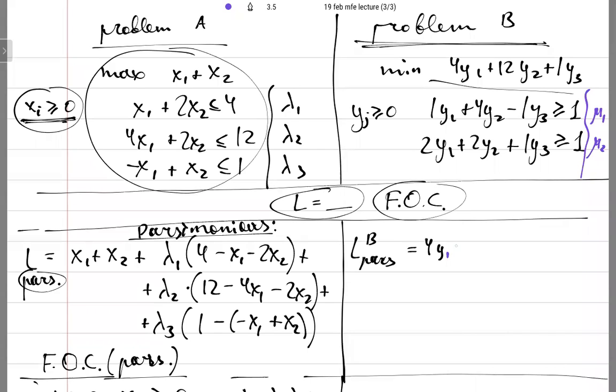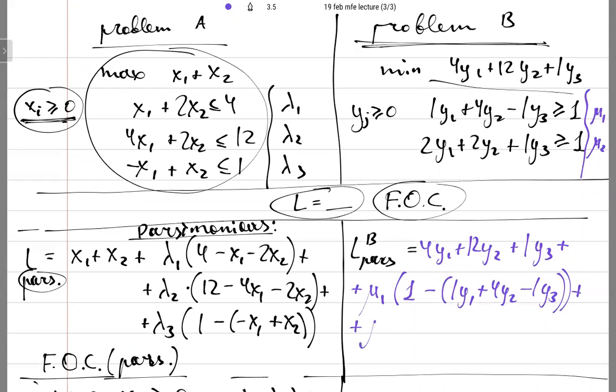So it will be 4y1 plus 4y2 plus 12y2 plus 1y3 plus mu1 times (1 minus 1y1 plus 4y2 minus 1y3) plus mu2 times (1 minus 2y1 plus 2y2 plus 1y3).